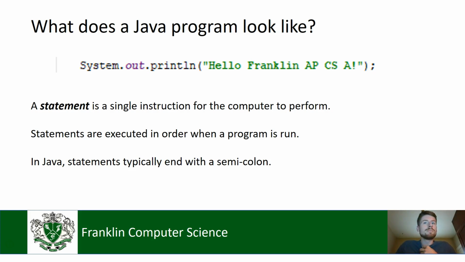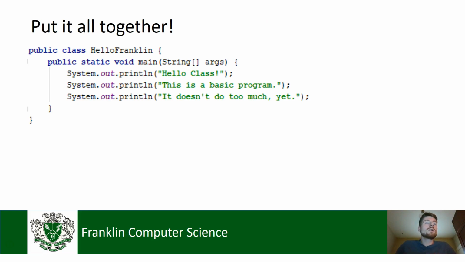Okay, all right, so let's take a look at this example program. Public class HelloFranklin, public static void main, String[] args, etc. And then we have these three System.out.println. Note that the L is an L, and it's pronounced println, L-I-N-N.